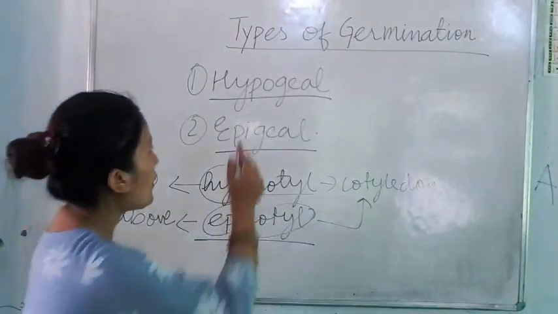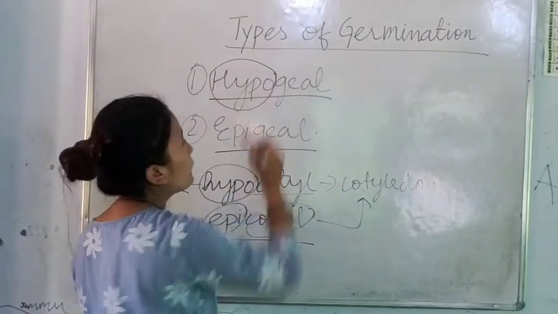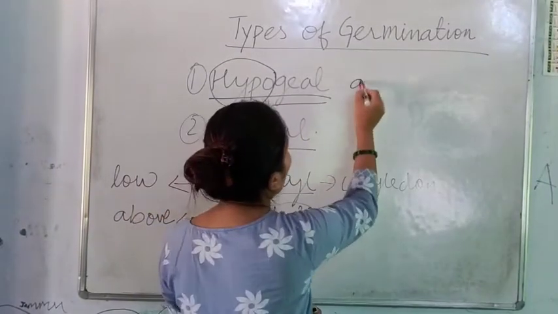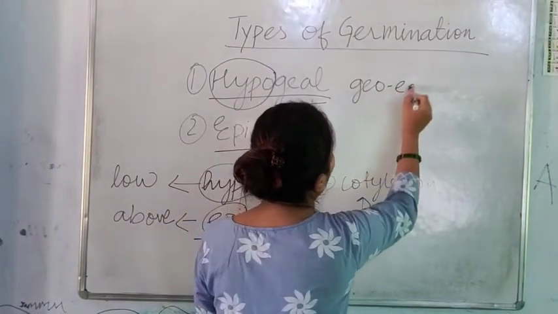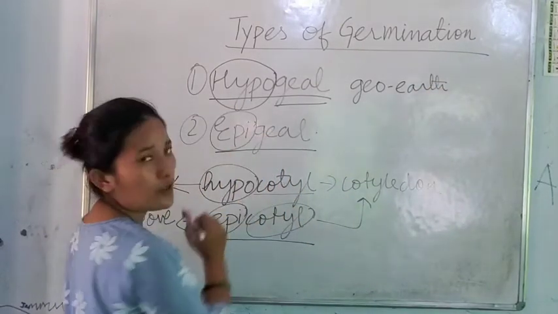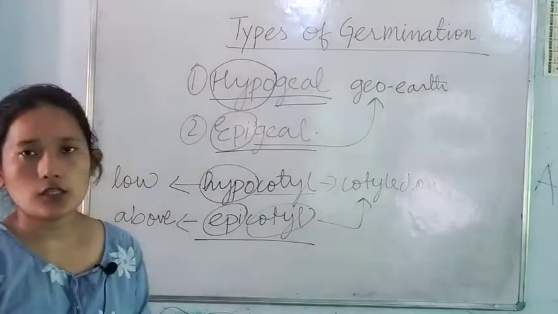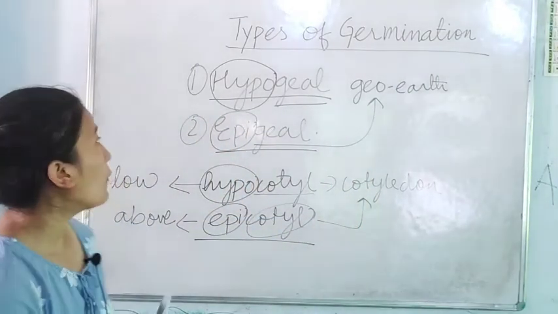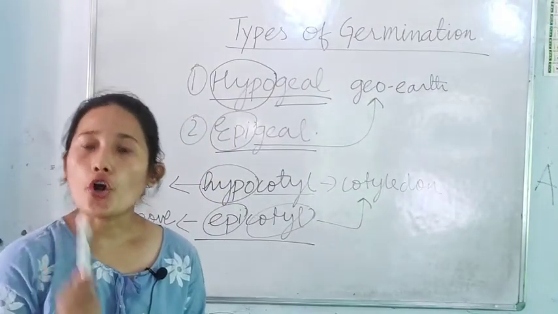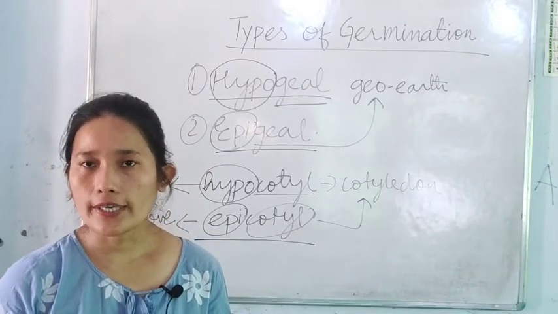Now let's move on to hypogeal and epigeal. Hypo means low, geal is derived from the word geo, earth. Epi means above, geal is derived from the word geo, meaning earth. In case of hypogeal germination, your cotyledon lies on the ground.